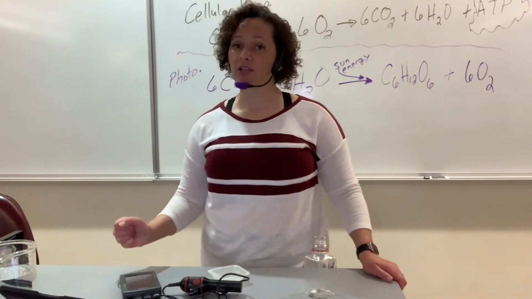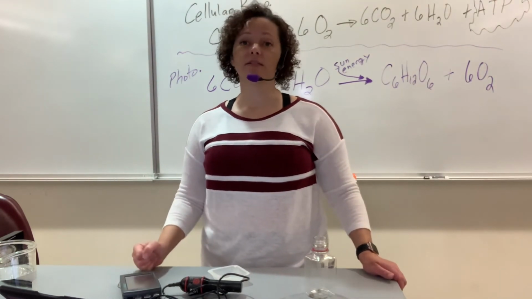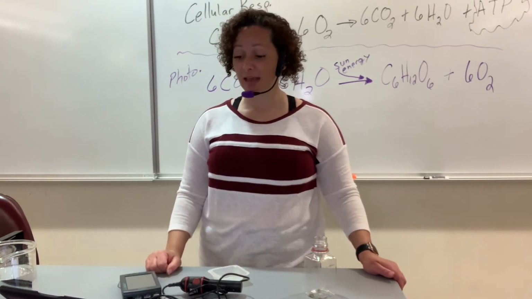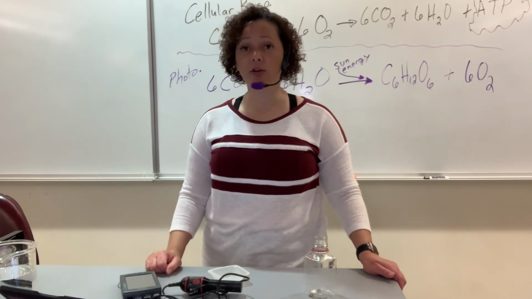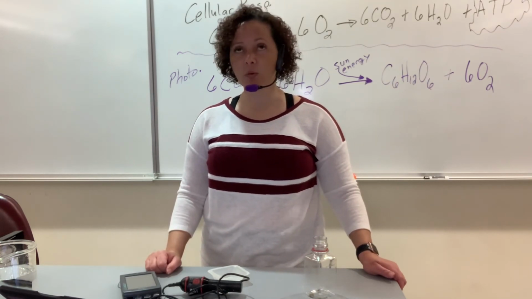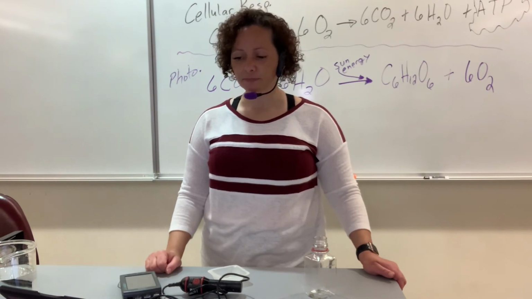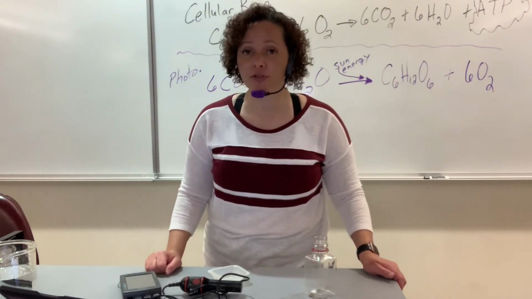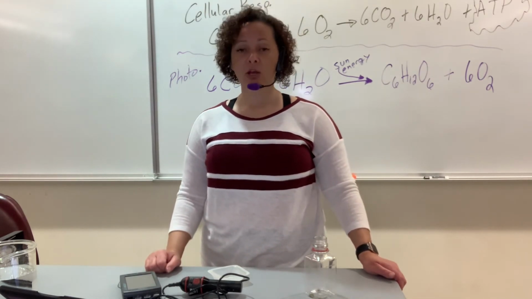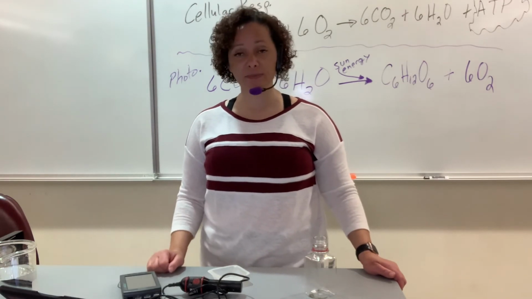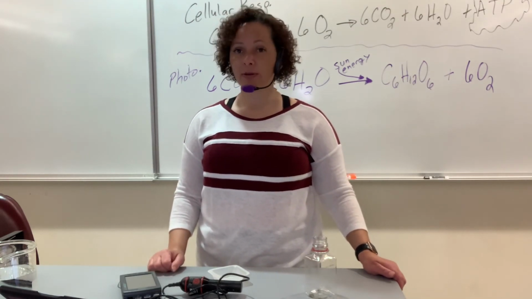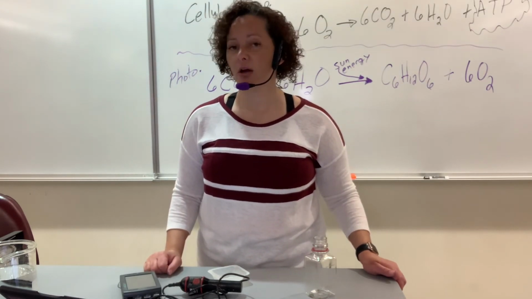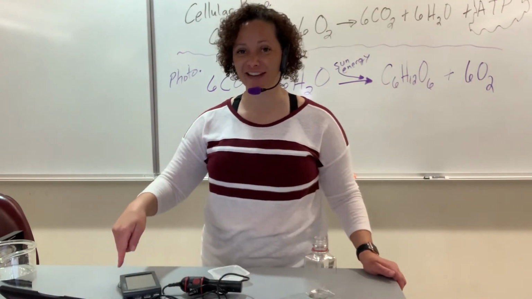Now, we've been working a long time on graphs, and through all of these videos, I've been giving you lots and lots and lots of hints about graphs. Okay, so I'm not going to tell you what kind of graph you're going to make on here, but I will still give you a little guidance. You are going to be graphing that last column, the average respiration rate. Because you are graphing the average respiration rate, are we graphing over time and doing a line graph? No, it's already figured out in the average, right?